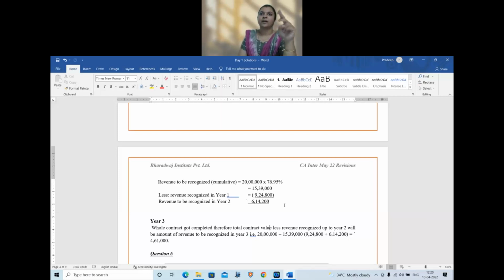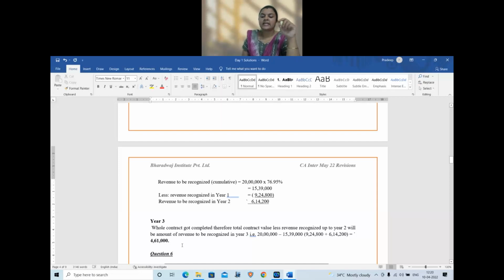Second, now we are going to recognize the contract revenue. What is the total revenue? The total revenue is 20 lakhs, of which year 1 we have recognized 9,24,800. Year 2 we have recognized 6,14,200. So subtract, we get 4,61,000 to be recognized for year 3.